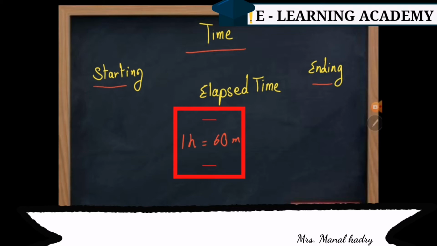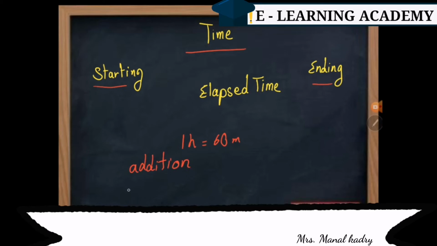So the first way, as we said, is normal addition and subtraction. I need to understand which is the big and which is the small. Of course, the ending time is the big one, and the starting time is the small one. The elapsed time is also small.